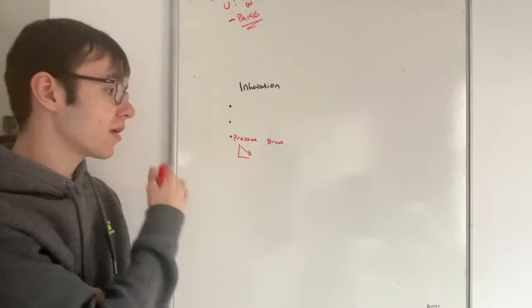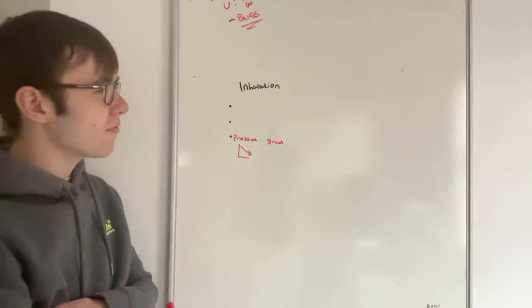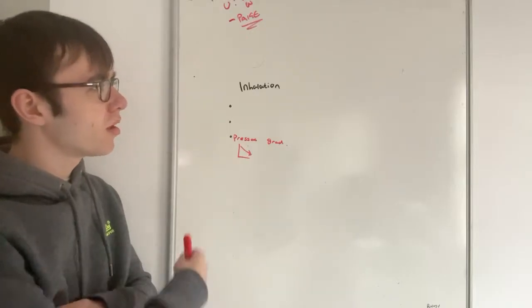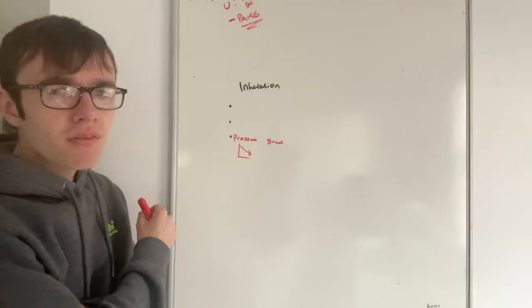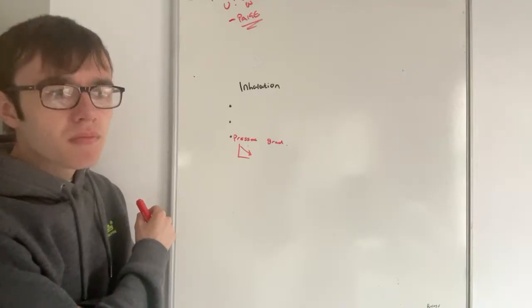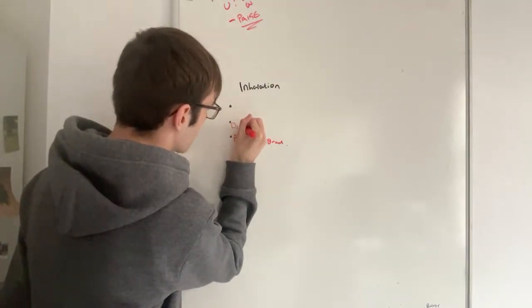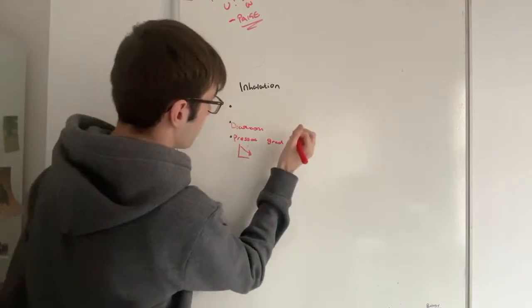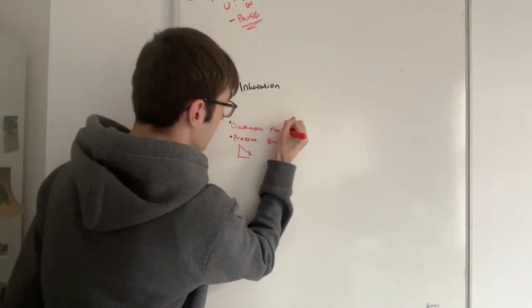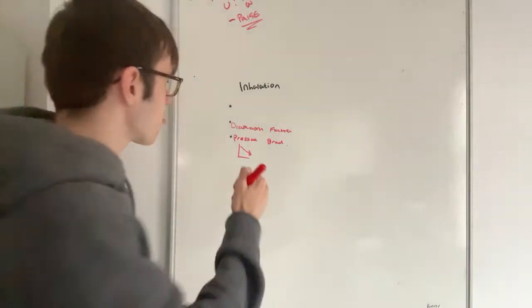I know there's something about the diaphragm. Is it the diaphragm that's pushed? Does the diaphragm flatten? I also don't know how to spell it, so whatever. The diaphragm flattens. The rib cage is pushed up and out, I believe.